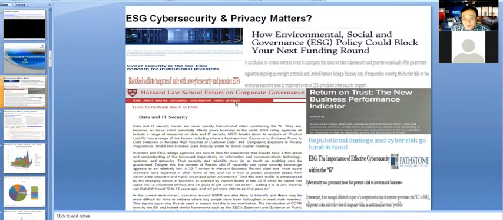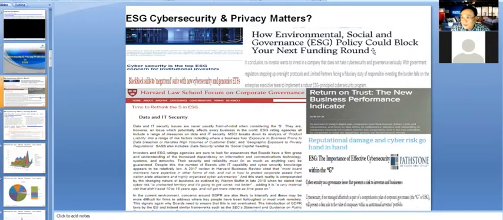Also, there is a Harvard Business School corporate governance article saying that after COVID-19 there is more focus on social matters, especially those related to data and IT security. And here is a news media piece saying that ESG matters will bring your next funding round.